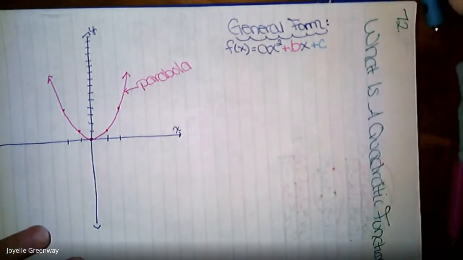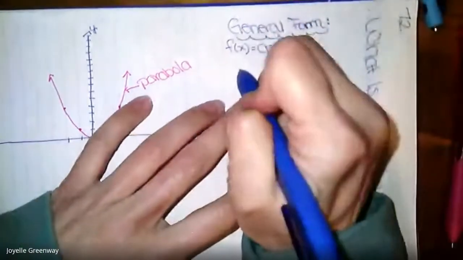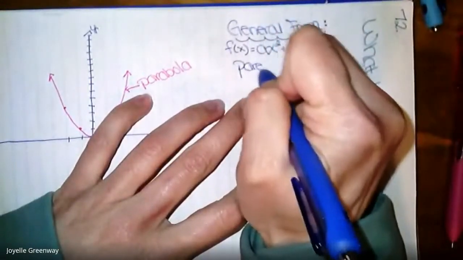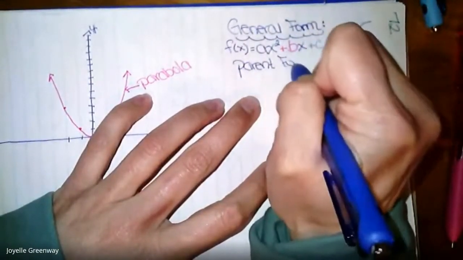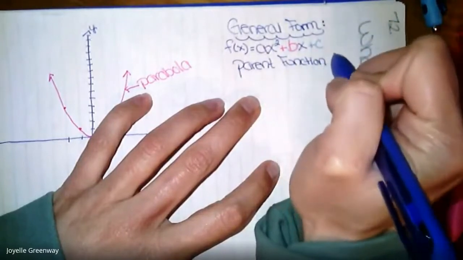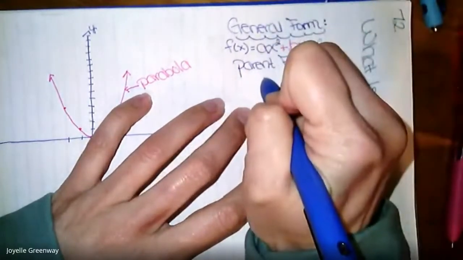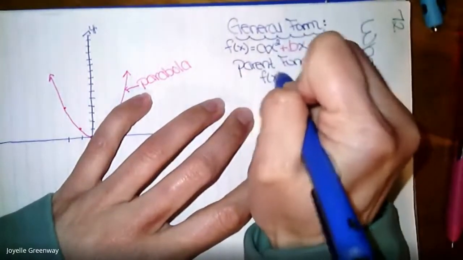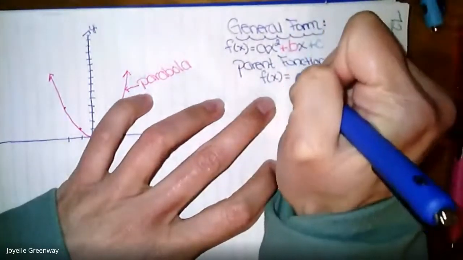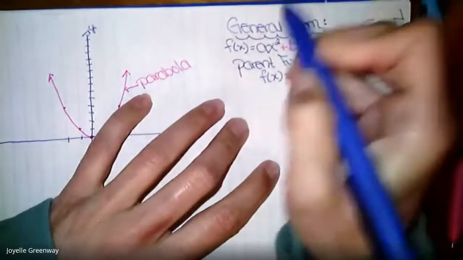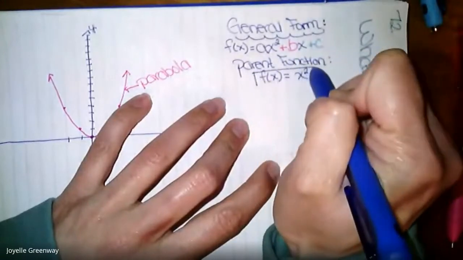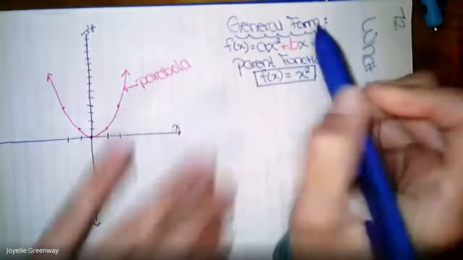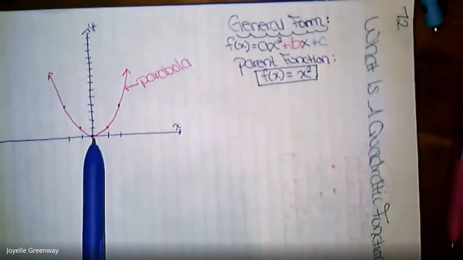Okay. The parent function for a quadratic is f of x or y equals x squared. So this is the parent function, and that's what we drew over here, right?